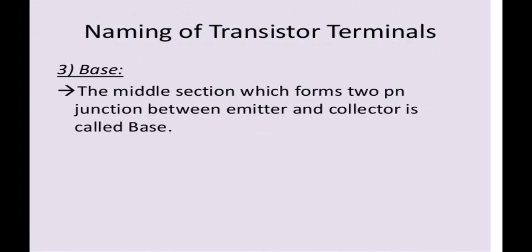Base. What is the meaning of base? Base terminal. In every transistor, base is always in the middle. Of the three terminals, how do we identify it? In three terminals, the middle one is the base terminal.